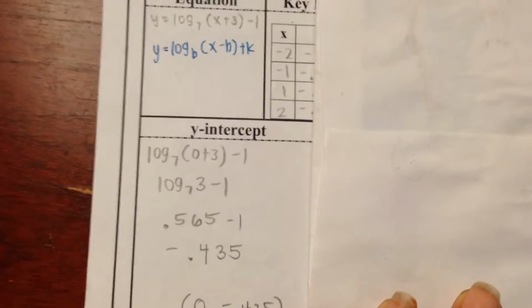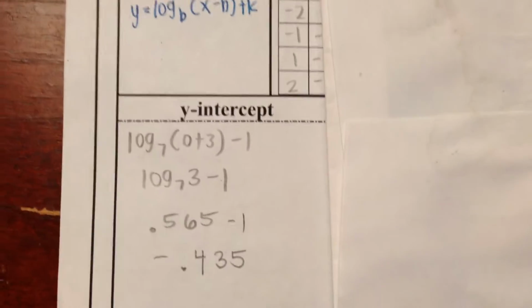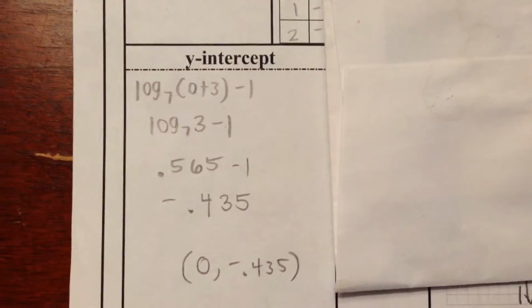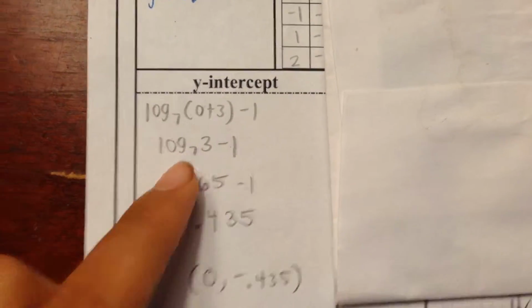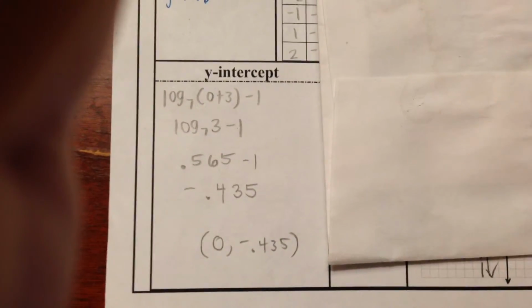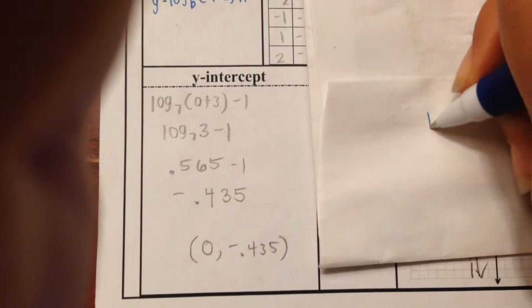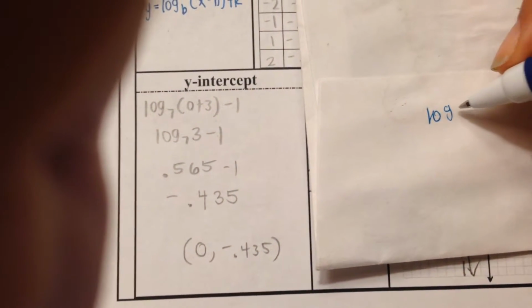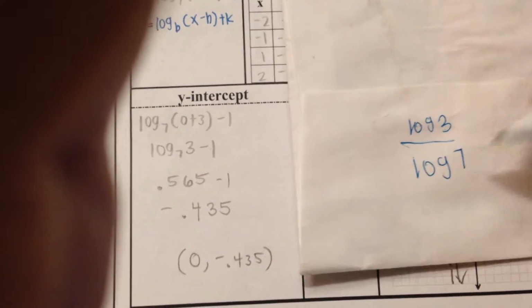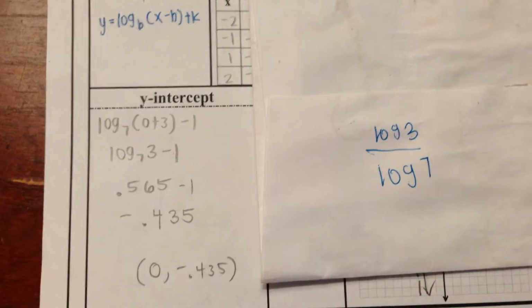And so our x value is 4, and we set y equal to 0, so that means our x-intercept is (4, 0). We're going to do the same thing for the y-intercept, except now we plug in 0 for x. So we have log base 7 of 0 plus 3, minus 1, and that simplifies to this. Just plug this into the calculator, and remember to use the change of base formula. You can plug that in, or you can use natural log.